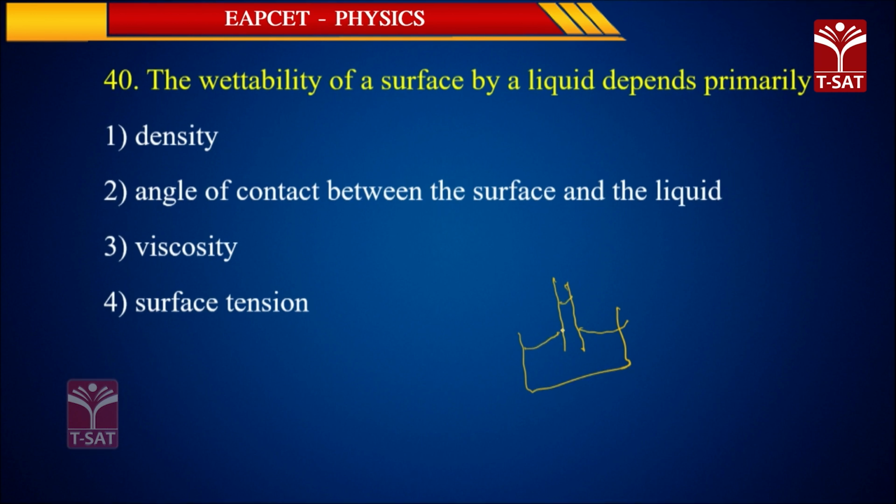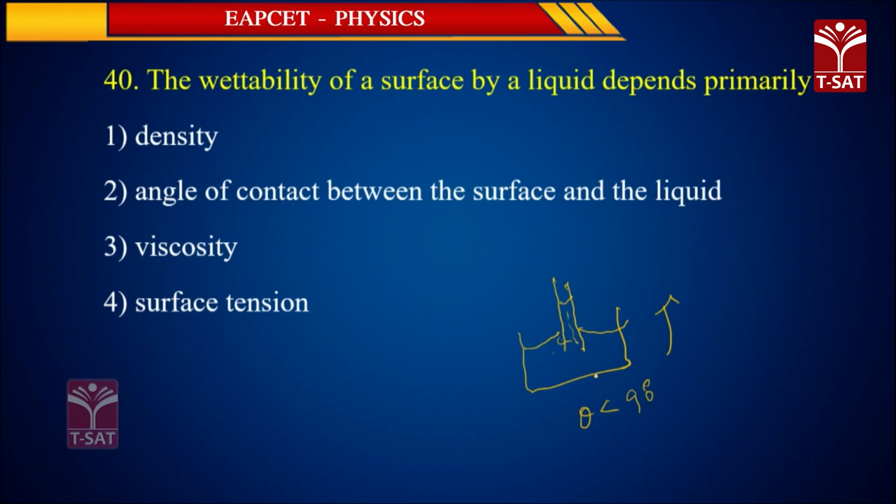Here this angle is called the angle of contact. The angle between the solid and liquid is known as the angle of contact. For substances where the angle of contact value is less than 90 degrees, that liquid rises in the upward side.